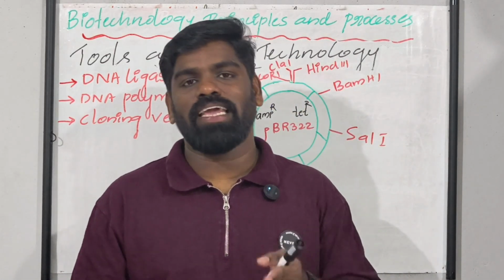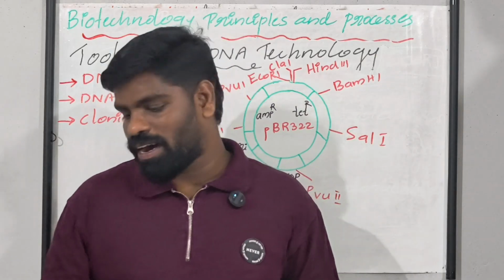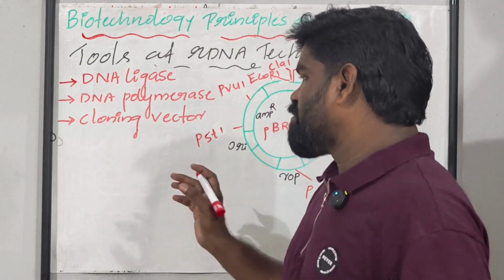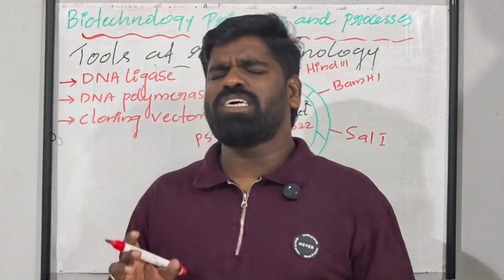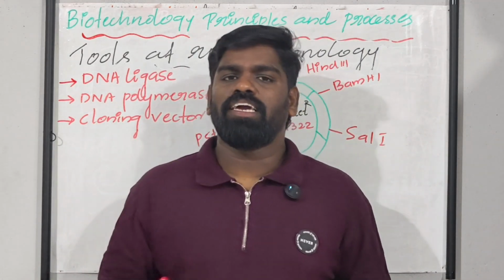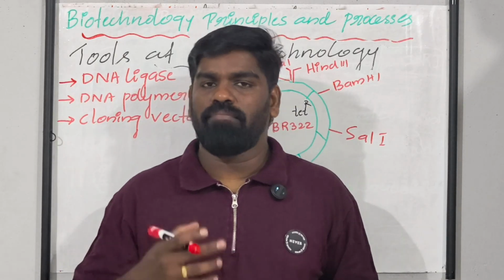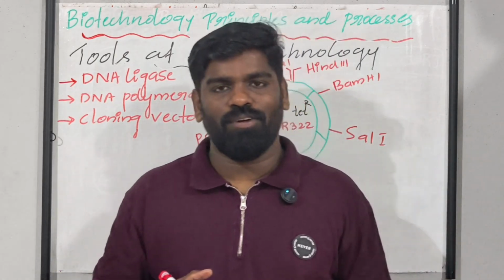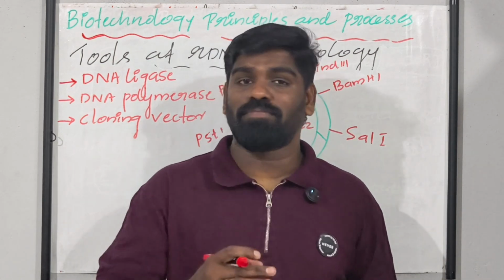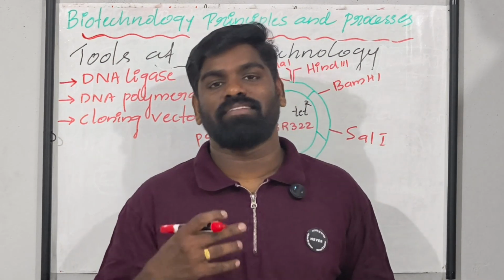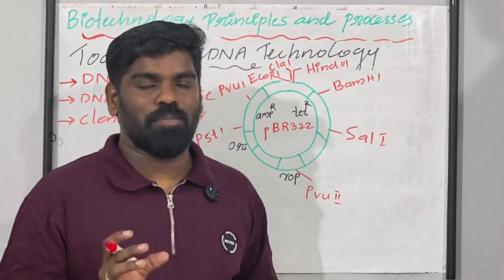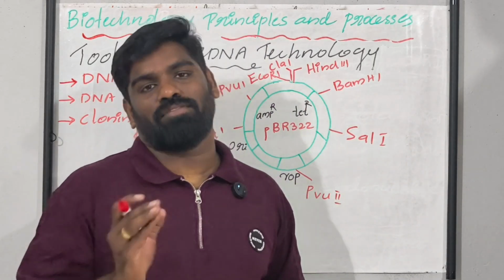So for carrying the small piece of DNA, we are using a cloning vector. There are many cloning vectors. Bacteriophages, Agrobacterium tumefaciens, and plasmids can all be used as a cloning vector.